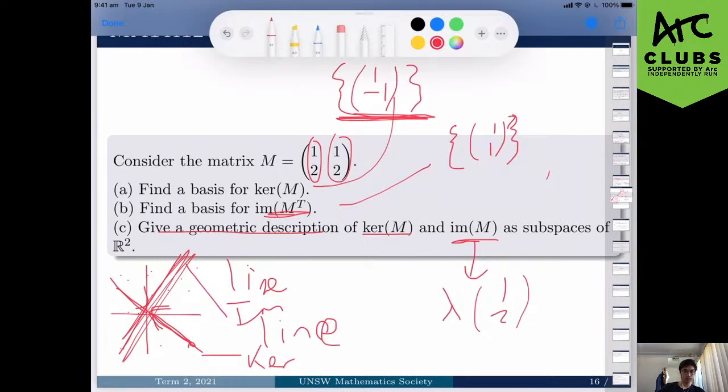So I think what you're going for is that the column space of a matrix is the same as the image of the transformation of that matrix.